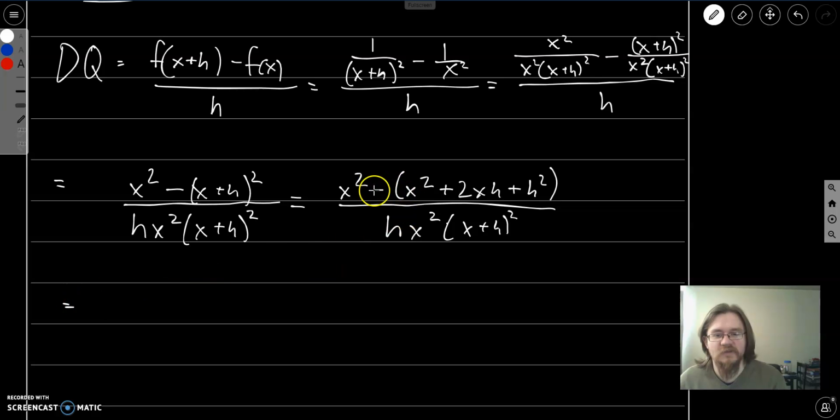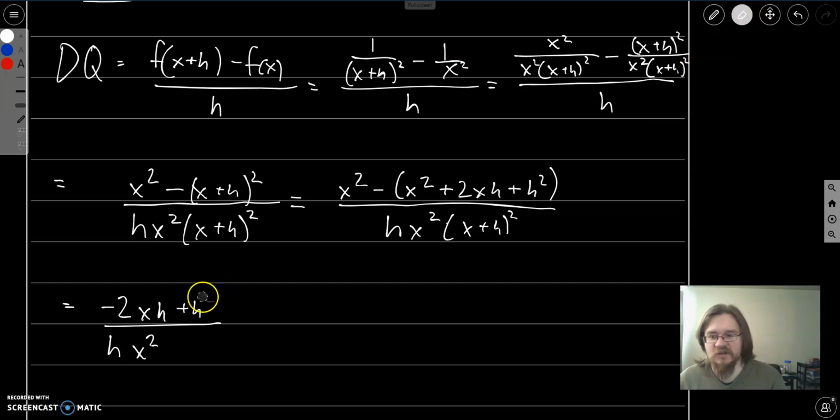Simplifying some more. If I'm subtracting all these guys, the x squared minus the x squared, that'll go away. But on the top of the fraction, I now have minus 2xh plus h squared over h x squared. Oops, this should be a minus, shouldn't it? Just about made a mistake because I'm subtracting everything in there. And then x plus h squared.